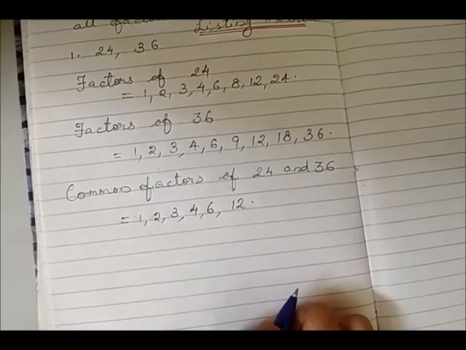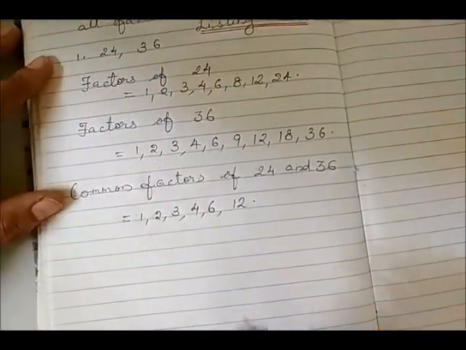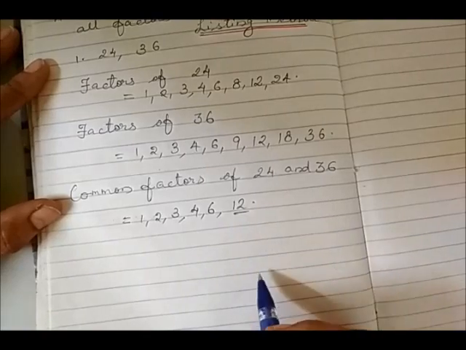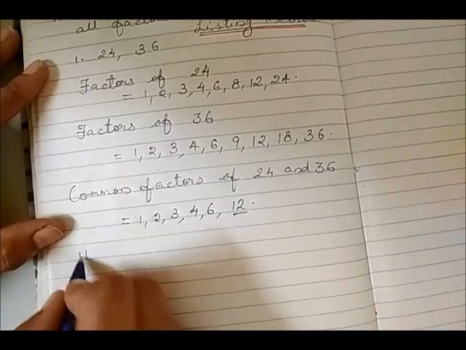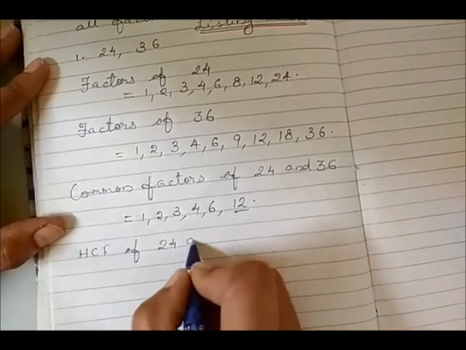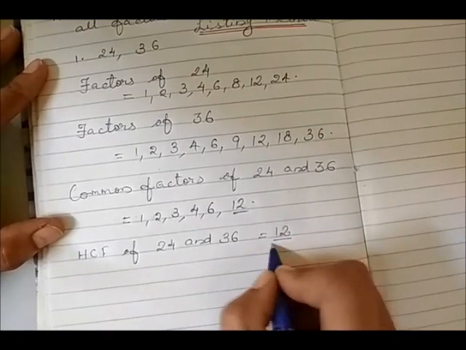You have to find out the highest common factor. In this, what is the highest common factor? 12. So what is the HCF? Here the HCF of 24 and 36 is 12.